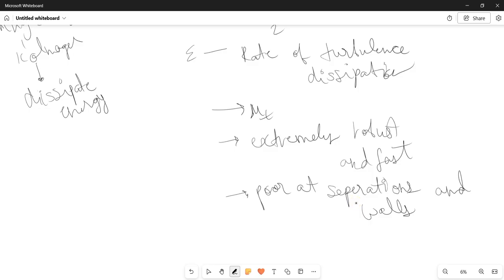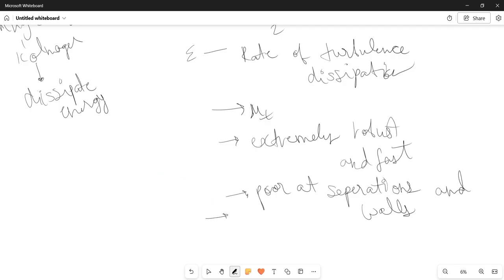So that's why you normally don't use standard K epsilon if you know the fluid is going to behave very differently at the boundaries, because then you will be getting the wrong details, right?